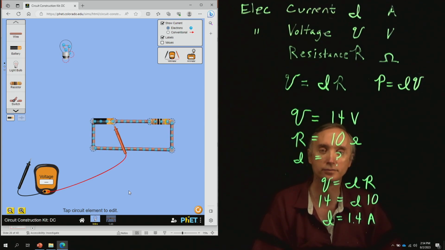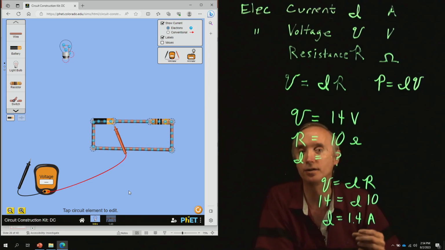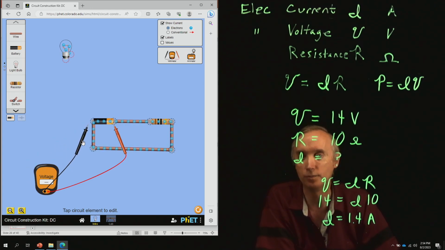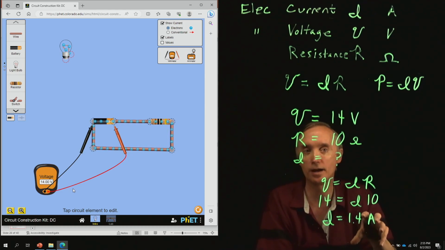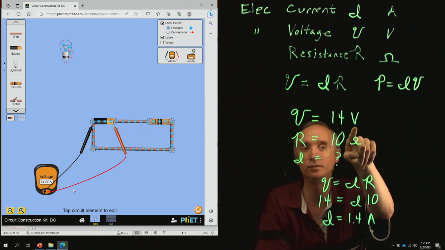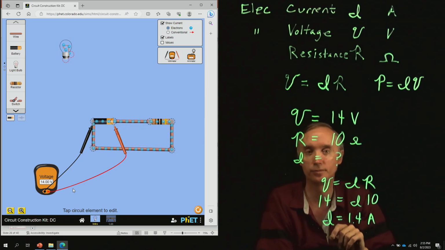So what's going on? All right, it's not a completed circuit yet. So I need to take this probe and put it on this side over here, and now notice it says 14 volts. So the voltage coming out of the battery was 14 volts, and I've just measured it.